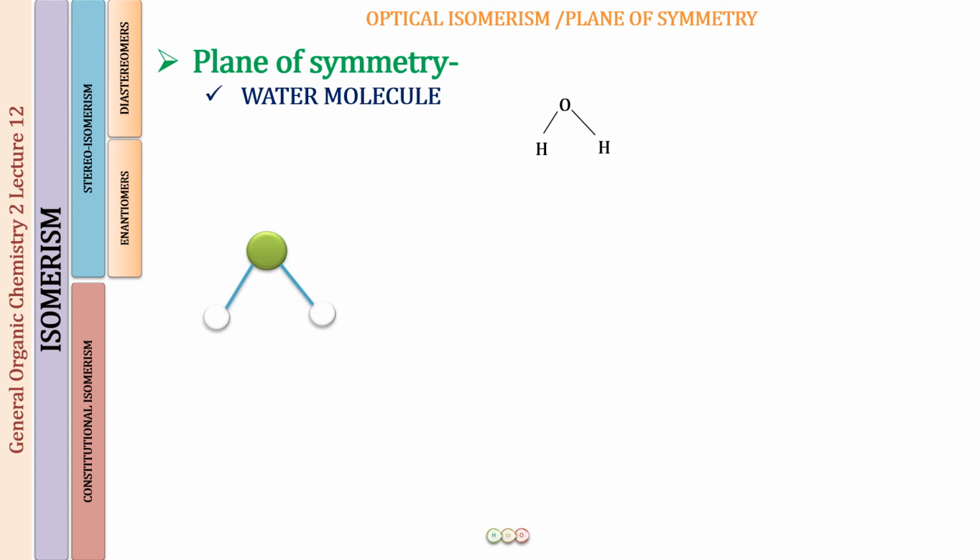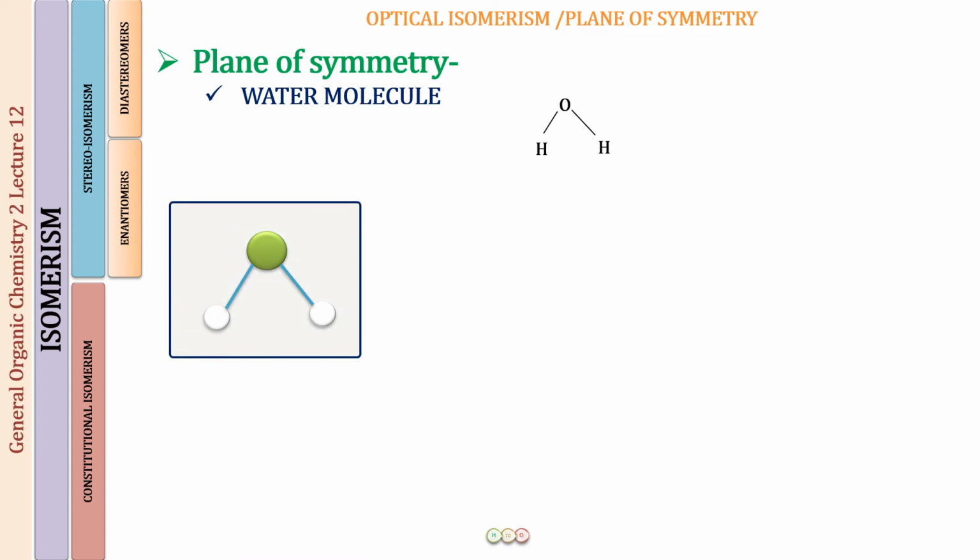So here I have a structure which we are now representing as the spheres that you have seen in the models. So how can we cut these spheres so that we get two halves which are going to be mirror images of each other?